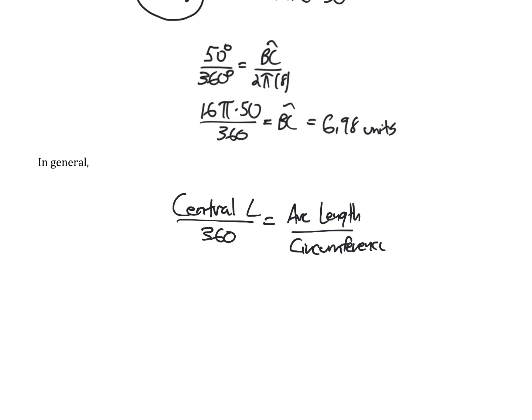And much like with sector area, I can give you any three of the four pieces, and you should be able to find the fourth piece. So I could give you circumference, the 360, and the arc length, and you would have to find the central angle, for example. But again, as long as you have three of the four, you should be able to solve for any of them. So let's maybe do one example together.